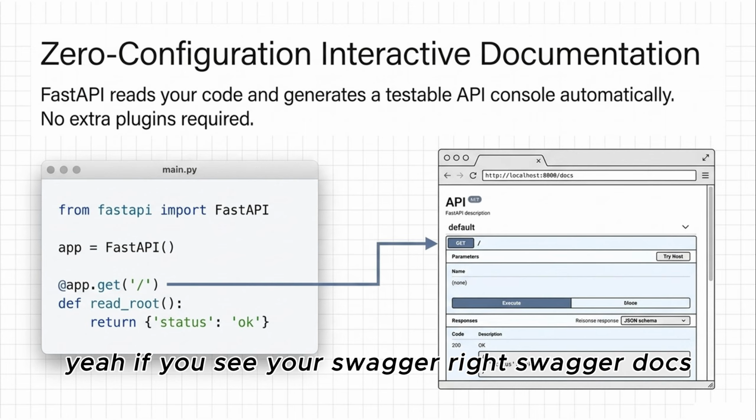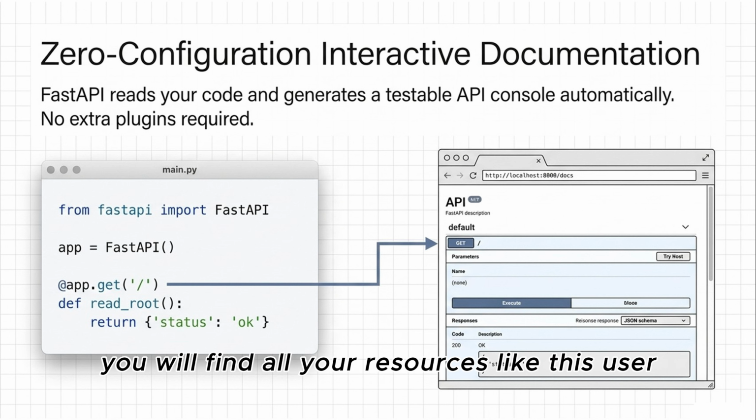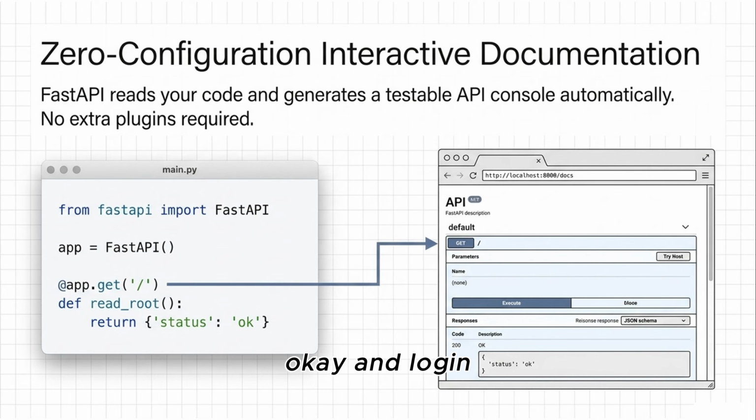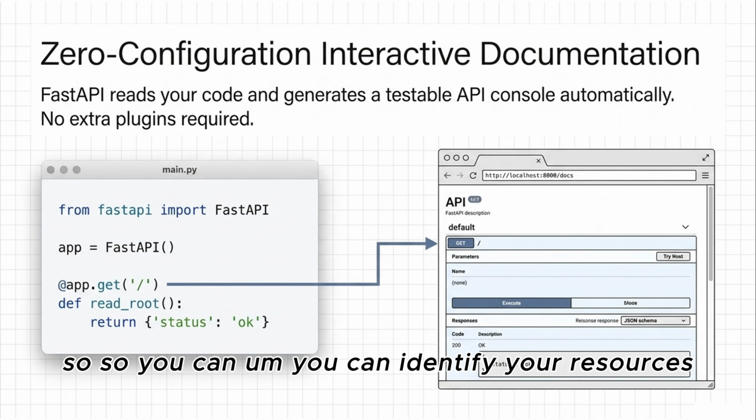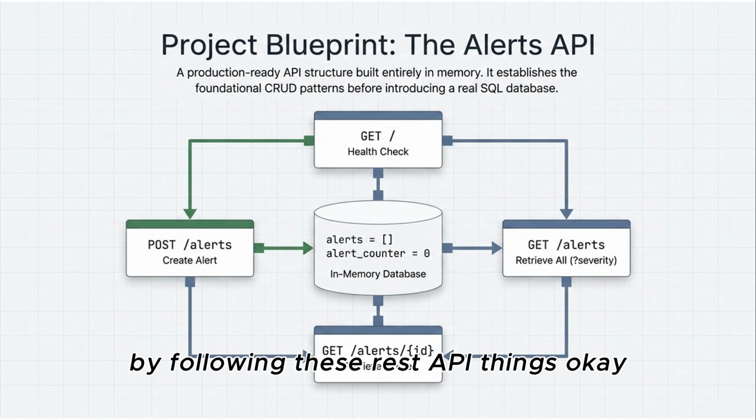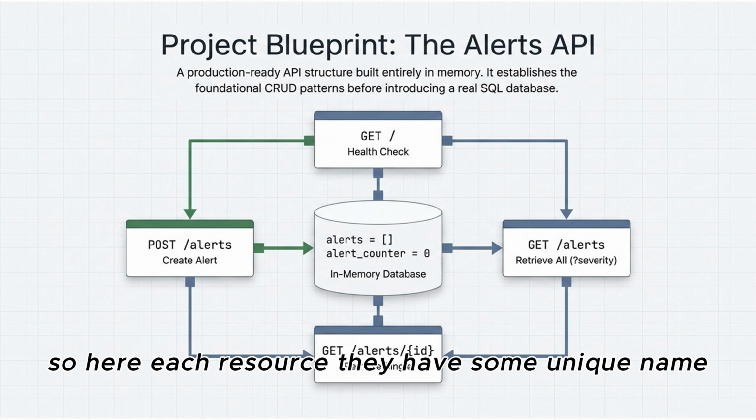If you see your Swagger docs, you will find all your resources like user, login, and upload. These are all resources, so you can identify your resources by following these REST API conventions.